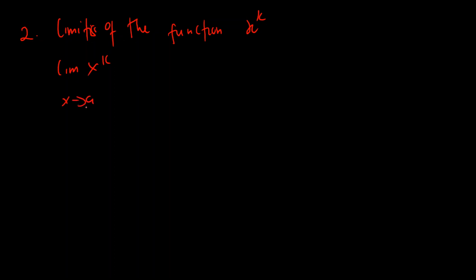Another one is limit of the function x to the power k. Now, if you have limit of x to the power k as x approaches any value a, then this equals a to the power k.